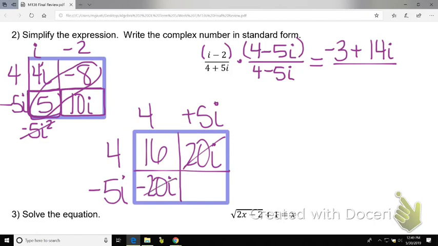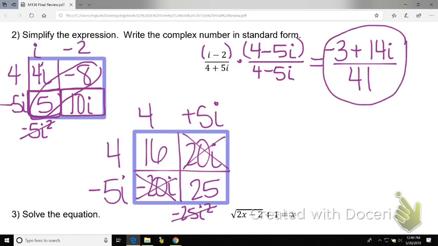So those two will cancel out. And then if you have negative 5 times 5, you have negative 25i squared, which becomes positive 25. So 16 plus 25 is 41. And that answer right there is completed.